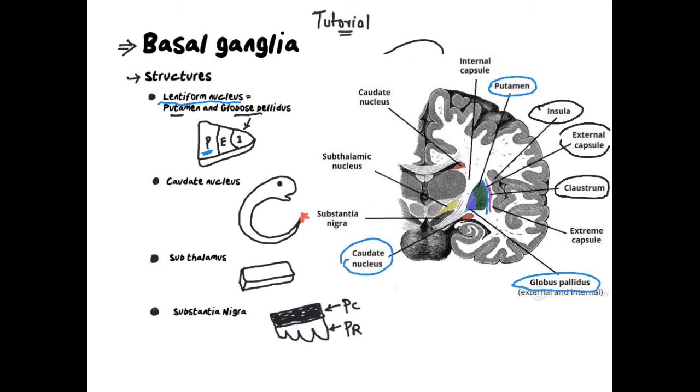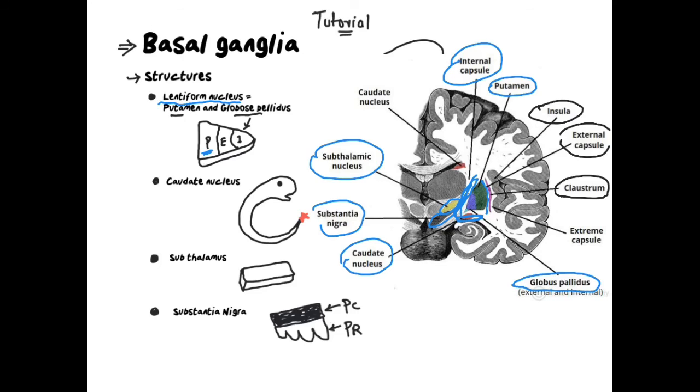The caudate nucleus, and then we have substantia nigra here, and we have the subthalamus. See, just under the subthalamus here in the yellow, and just under it is substantia nigra, right? And then you have the internal capsule that I have drawn in blue like this in my structure. So these are the fibers that are going upward or coming downward.